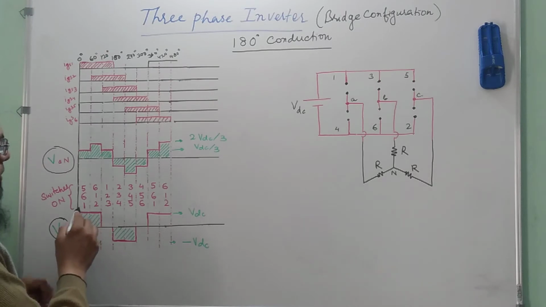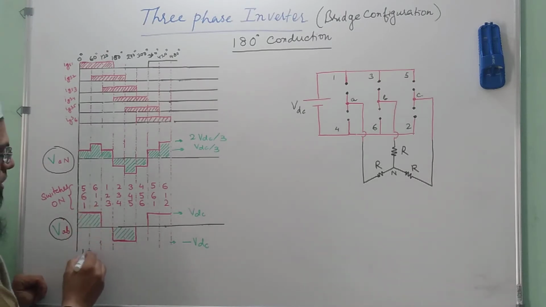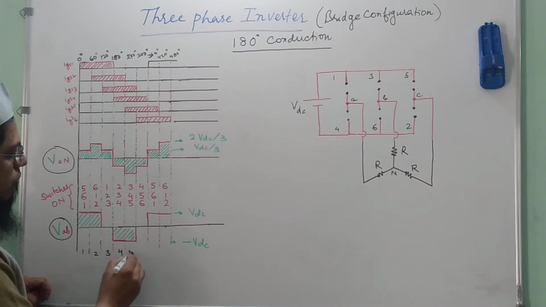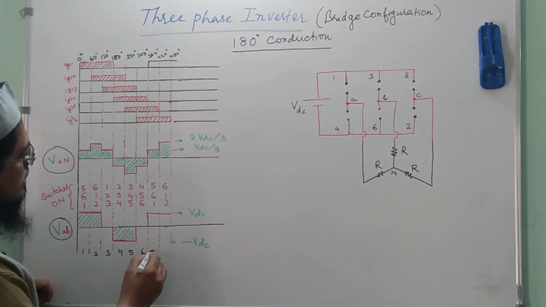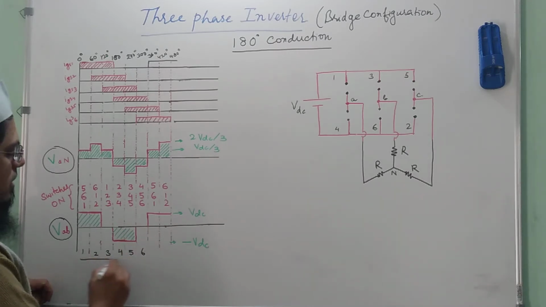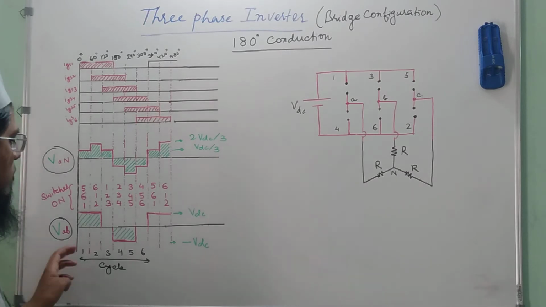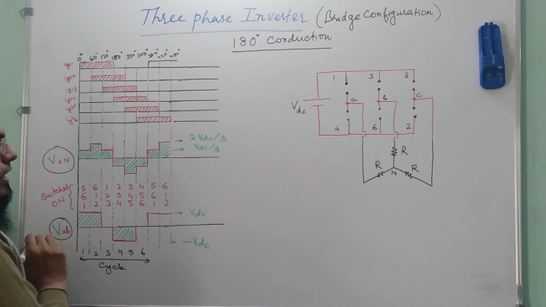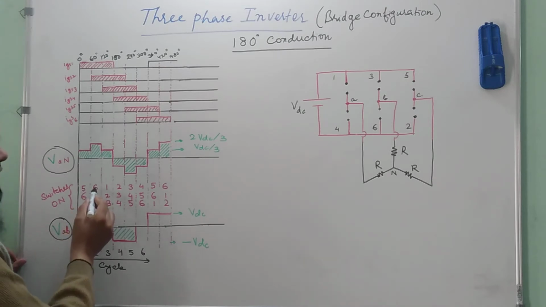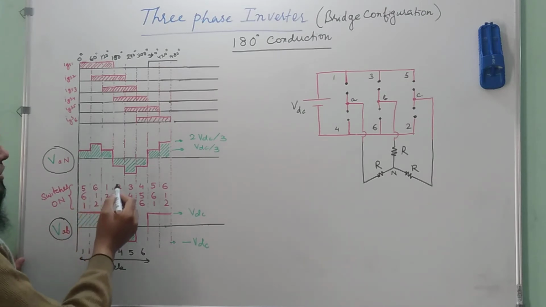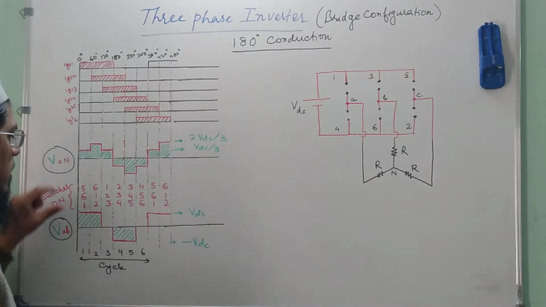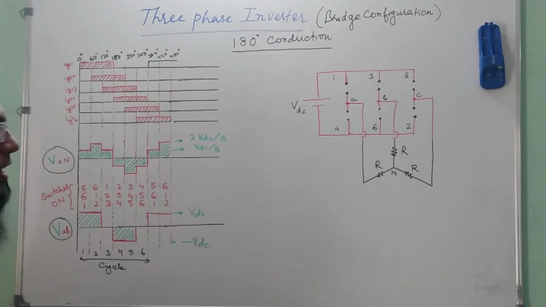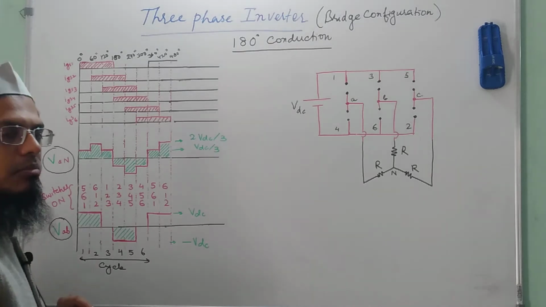One more thing that I have shown here is for each of these states, these are 6, 1, 2, 3, 4, 5, 6, and here the cycle is complete. In each of these steps, 3 switches are conducting. So you could see 5, 6, 1, and in the next step 6, 1, 2, then 1, 2, 3, 2, 3, 4, and so on. How did we obtain this switching pattern?